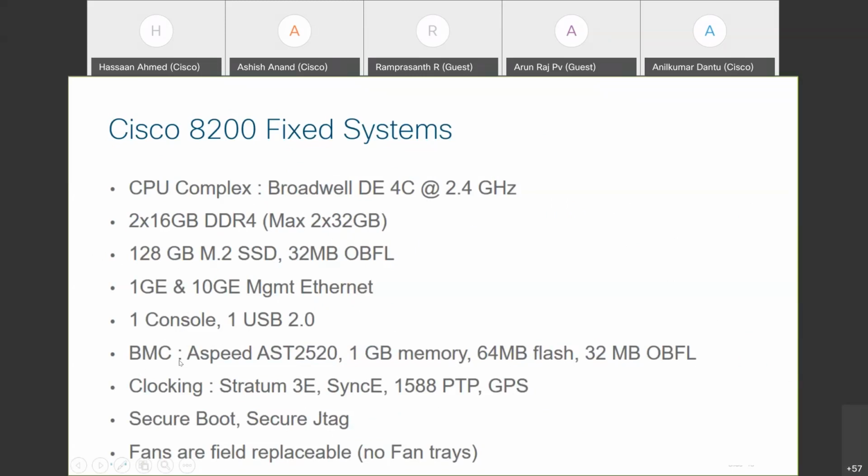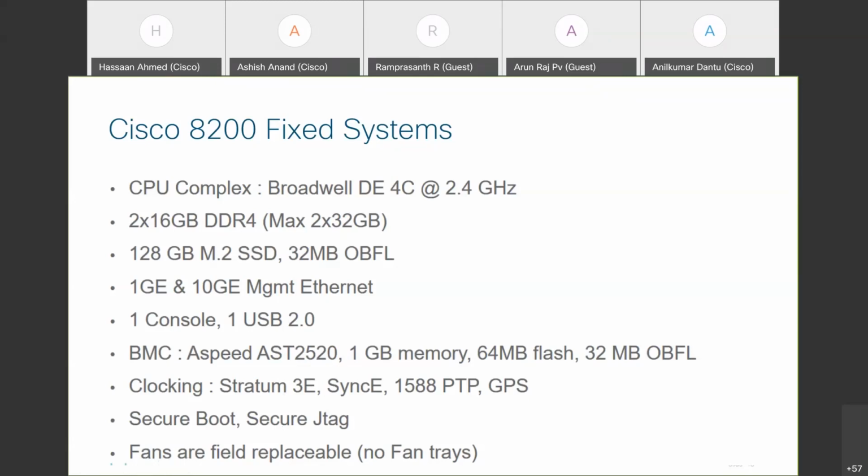The Cisco 8000 series is the first router platform to have a BMC port on it. We will talk about BMC; we have 3-4 slides about it. It supports secure boot and other security features.